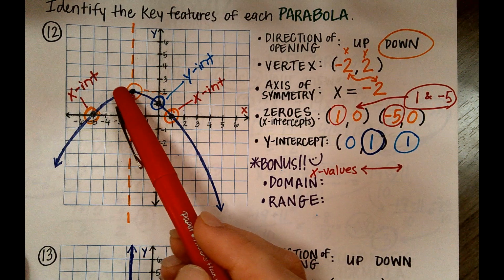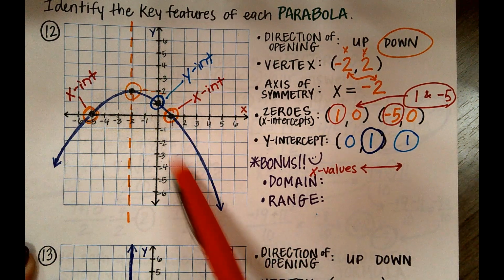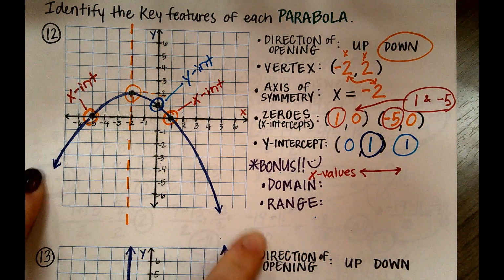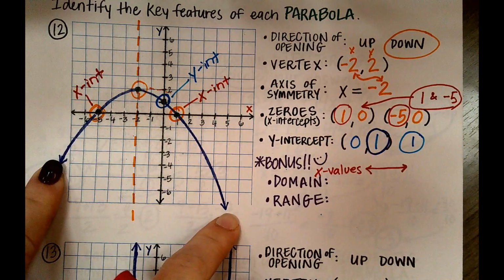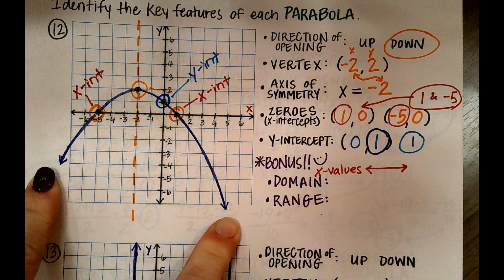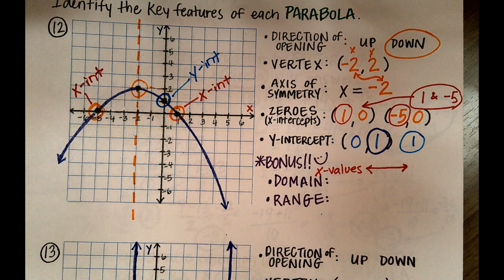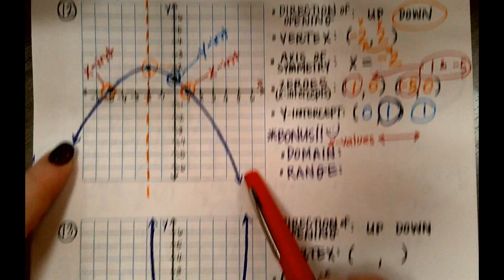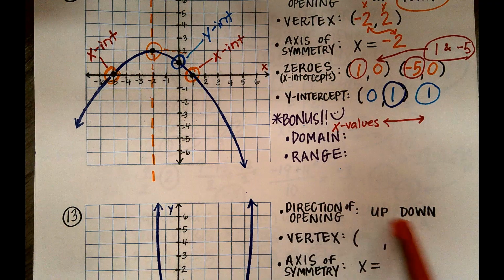So if I'm looking at my parabola, notice how these arrows, what does that mean to have arrows on the ends of something? They're continuously going in those directions forever. So, yes, they're pointing down, but they're also getting wider and wider as they go, and that never ends.